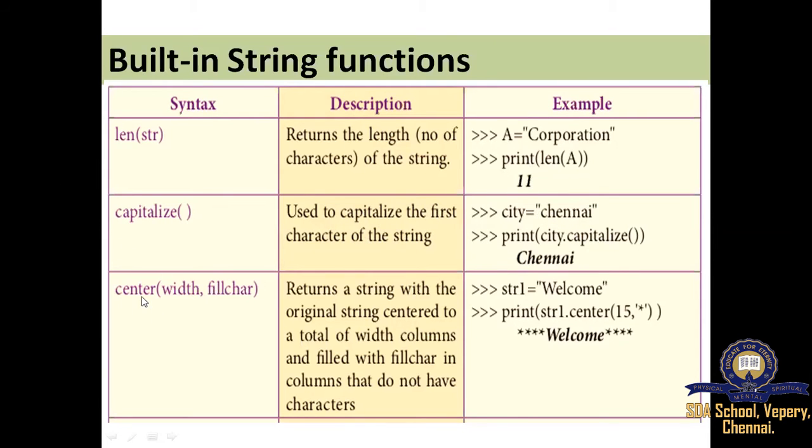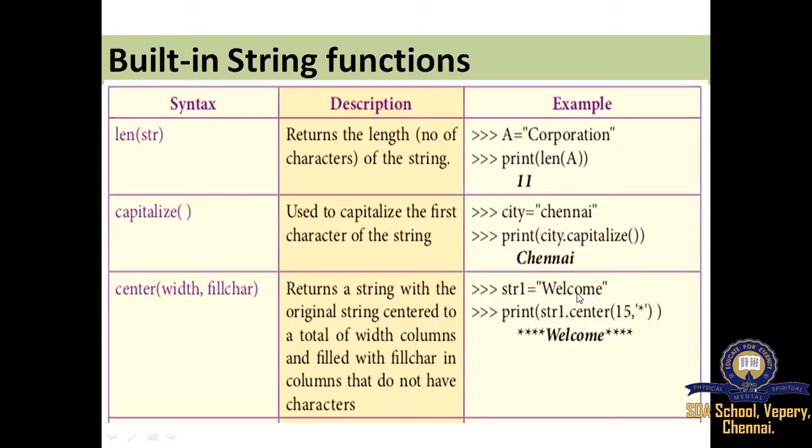Then center. This built-in string function uses two arguments, width and fillchar. It returns a string with the original string centered to the total number of width columns and filled with the fill character in columns that do not have characters. Now let us take a string variable here. The string variable name is str1.